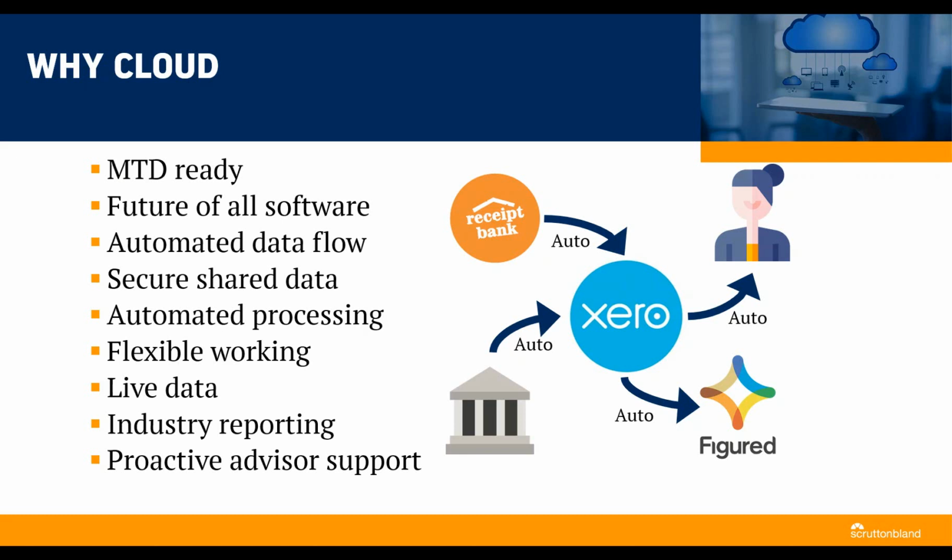For those of you unaware, crop cycles can spread over many years. Xero is obviously reporting on an annual basis because it's finance software, everything's done annually. But Figured takes that data and transforms it to show it over a crop cycle, which is much more useful if you work in the agricultural space. You're not wanting to look at how you have worked in a year, but how a crop has operated over its reporting period.